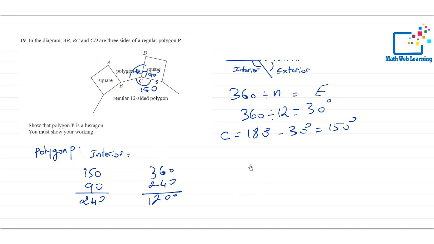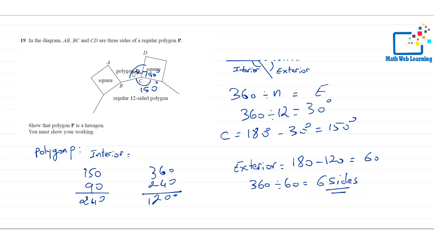Okay, so what you need to do now is work out the exterior angle to use this formula here. The exterior is equal to 180 minus 120, which is 60 degrees, right? And you do 360 divided by 60, that gives you 6 sides. And that proves that the polygon P is a hexagon, all right?